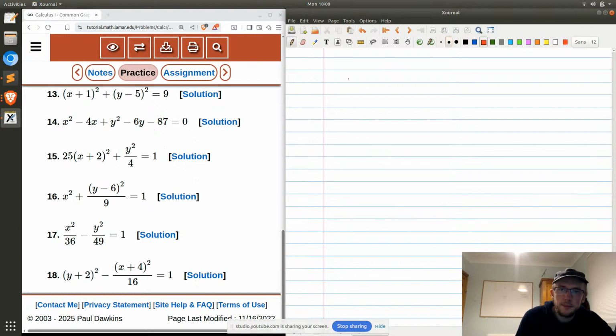17. This is a hyperbola, and it's opening up towards the right and the left. But how is it opening up? Its center is the origin.